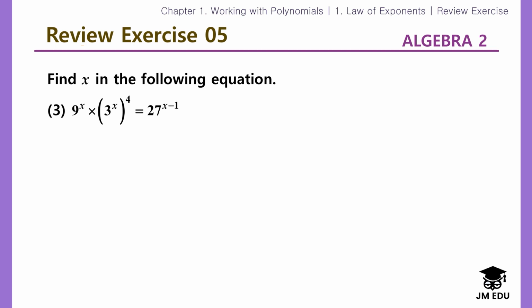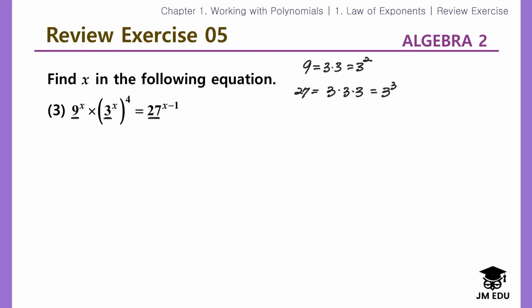Number 3, we have 9, 3, base 27. So again, 9 is 3 times 3, 3 squared. 27 from the previous question, 27 is 3 times 3 times 3, so that's 3 cubed.